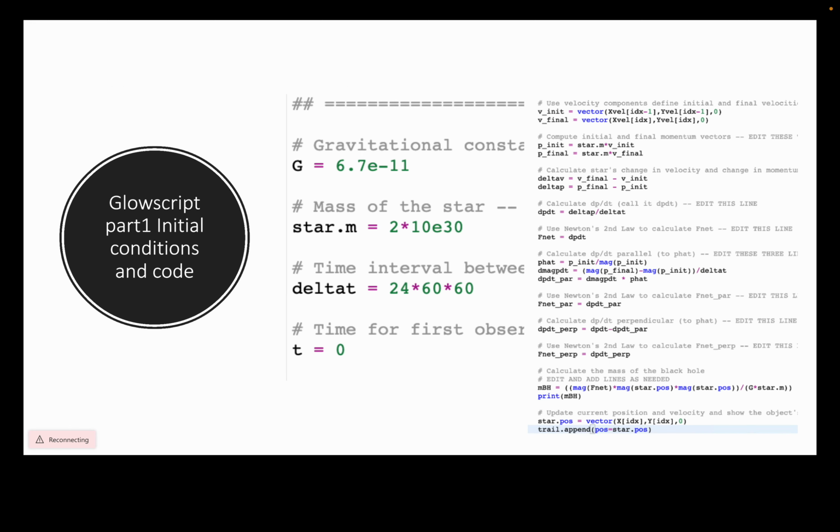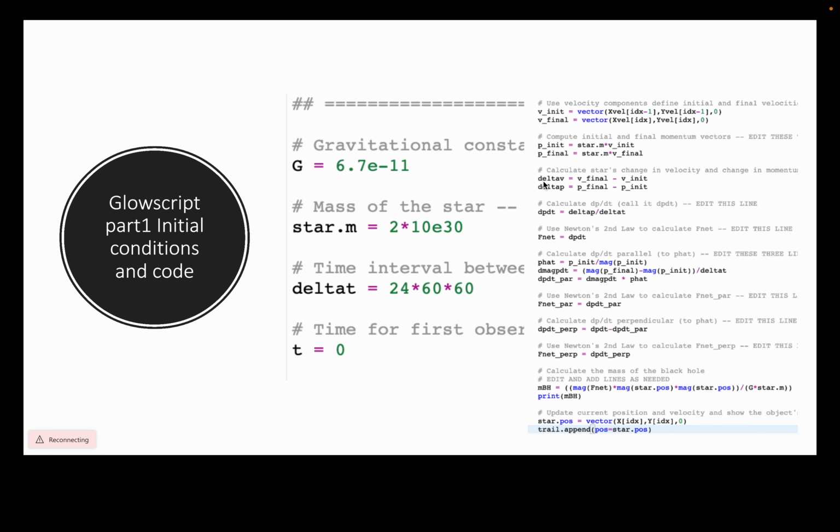So in part 1 of GlowScript, these are my initial conditions, with delta t representing the amount of time in a day in seconds. Basically, we used v initial and v final, our two velocities, to find the delta v, and then we used p equals mv, the momentum.